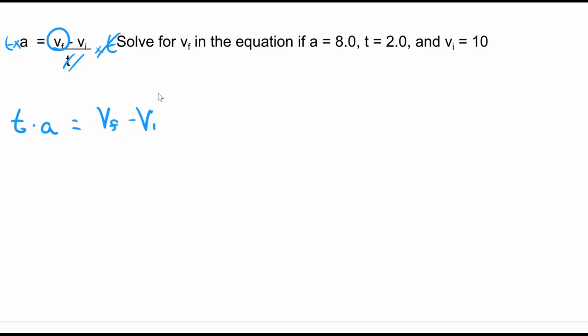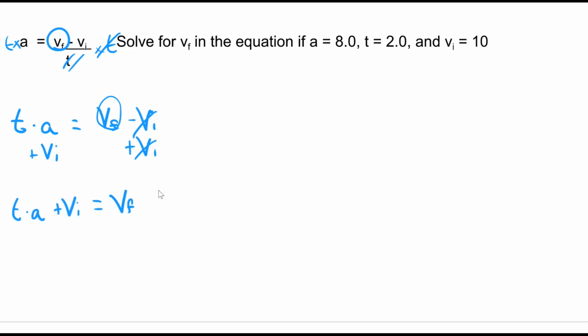That's a terrible vf. So I want vf all by itself. What's the opposite of subtracting vi? Adding vi. So I've got to add vi to both sides. So I get vf on the right-hand side, and I get t times a plus vi.